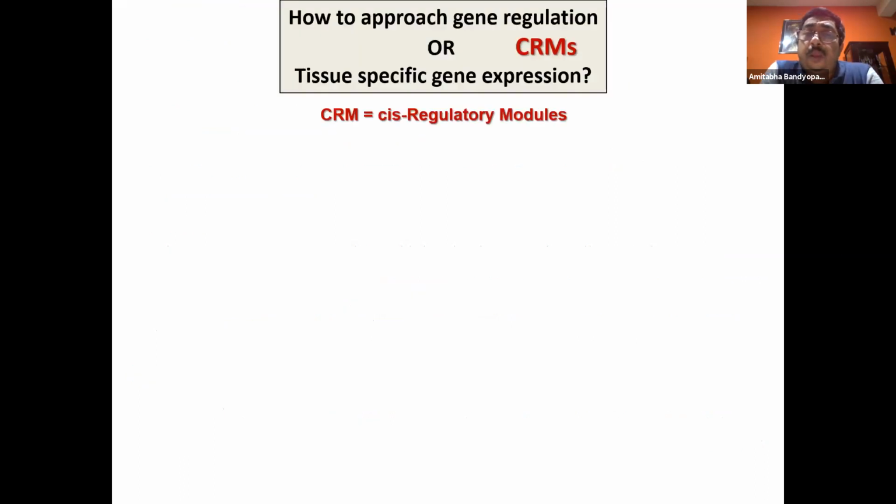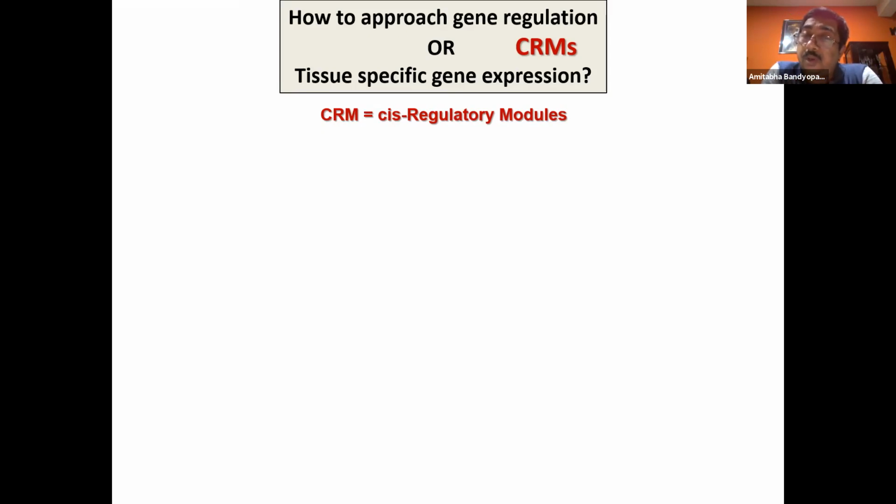Now, let us approach the question of gene regulation. One term that you will hear over and over again is the cis regulatory module. Okay, so when you are talking about activated transcription, there are two components. One is the enhancer, which is cis to the DNA that is being transcribed.